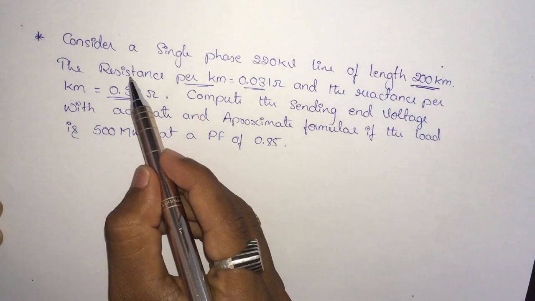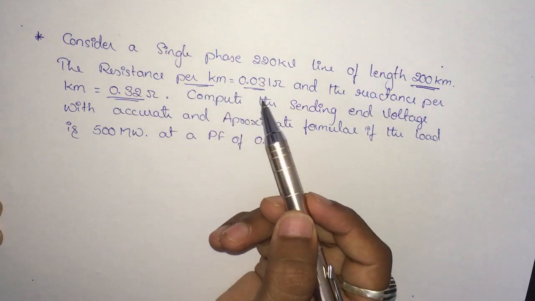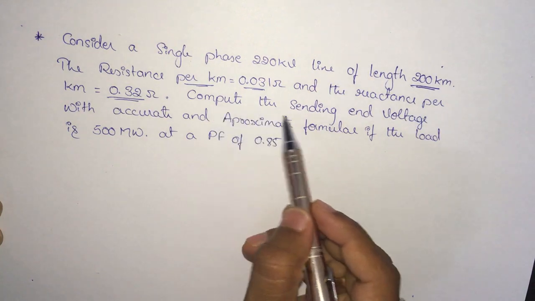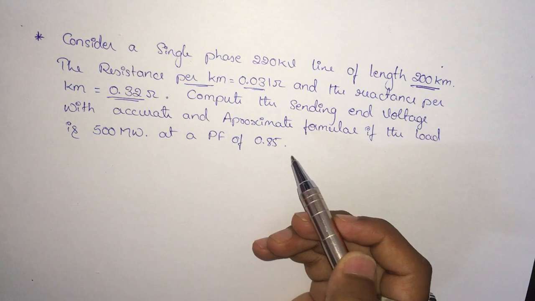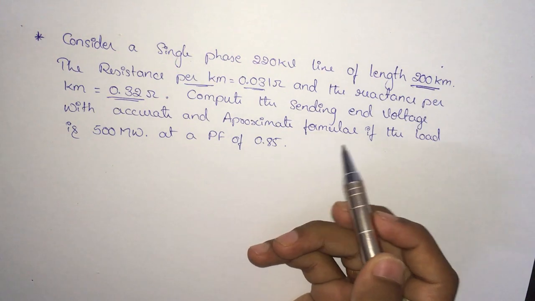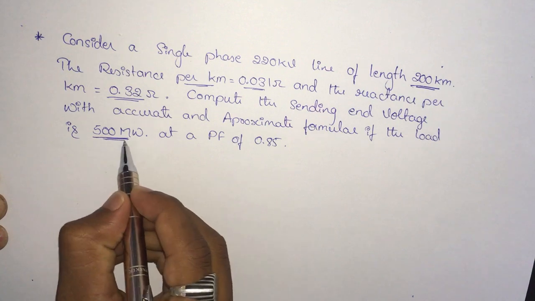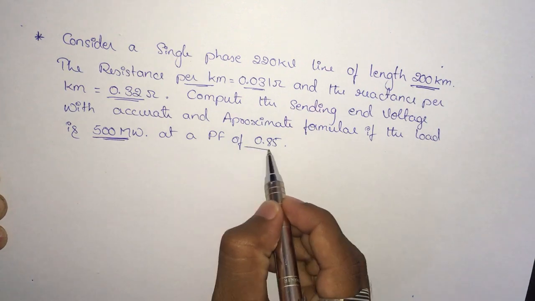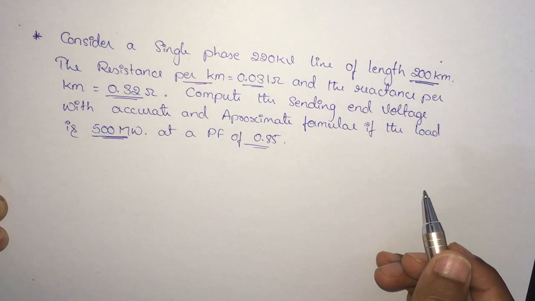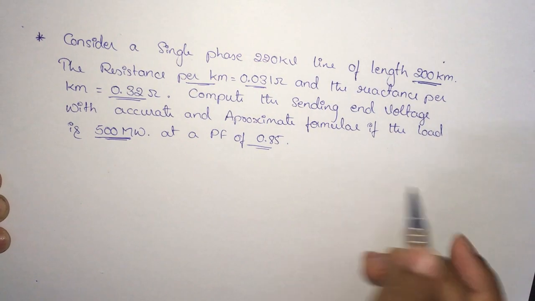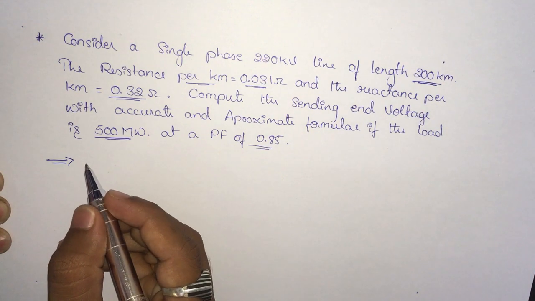You can see the resistance and reactance are given per kilometer, and we need to compute the sending end voltage with accurate and approximate formula. If the load is 500 megawatt at a power factor of 0.85, now we are going to find the sending end voltage. Okay, let us start the solution.